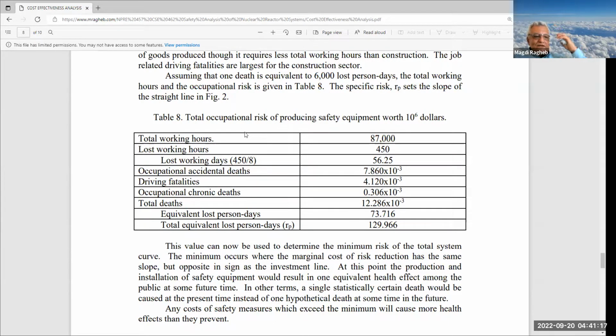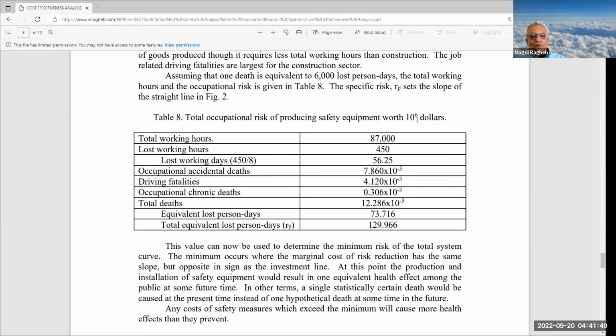So in that case, you have to go and study the overall economic system, and you find yourself getting data, for instance, on how much is the risk that the workers building those extra safety features, the diesel generators or the anti-lock brakes or the video cameras in a car or the airbags in the car, are incurring. And you can get the data by looking at the occupational risk of producing safety equipment worth $1 million.